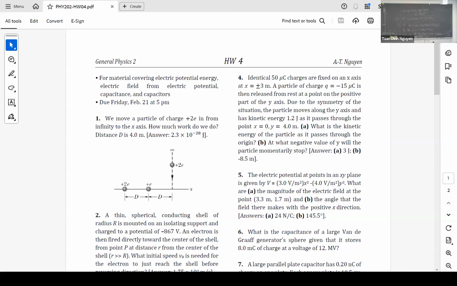So you draw the 50 microcoulomb charges, one at 3 and one at -3. And you release another charge of -15 on the y-axis. So it's going to be attracted, right? They'll go straight through the axis.